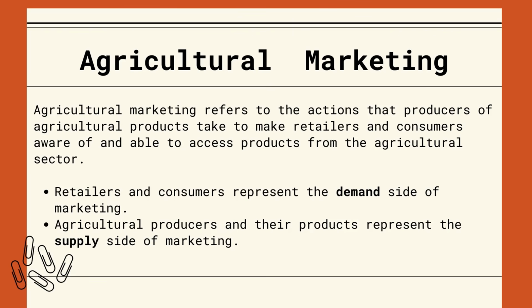What about these actions? They take them to make retailers as well as consumers aware of the product and able to access the products from the agricultural sector. So we've got key players here: the retailers and consumers, which represent the demand side of marketing, and the agricultural producers and their products, which represent the supply side of marketing.